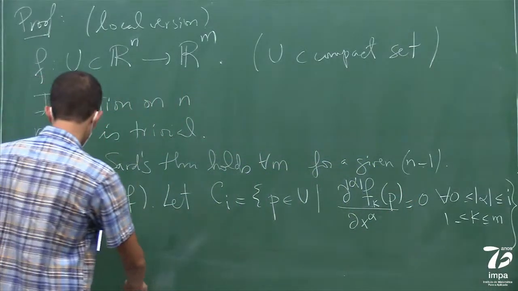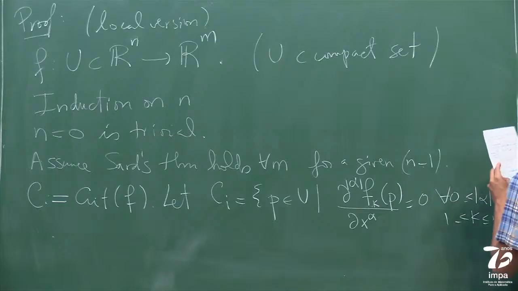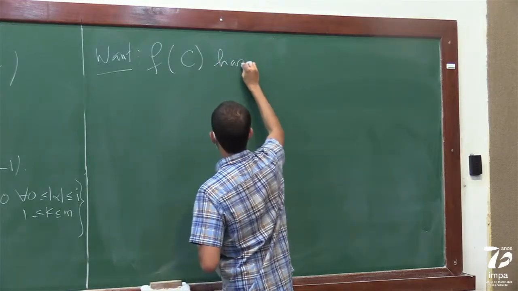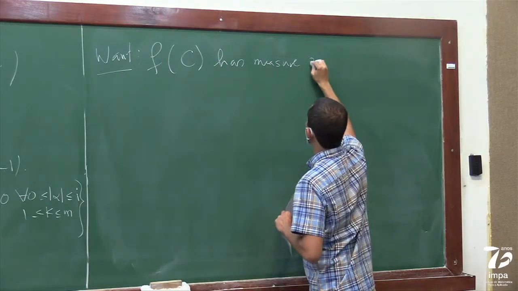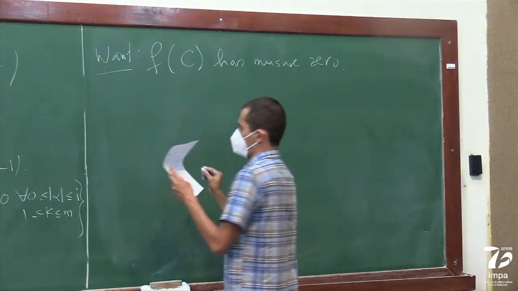Okay, so now I want to show that. So what do we want? What we want is to show that f of C has measure 0. Okay, so we're going to have 3 steps.